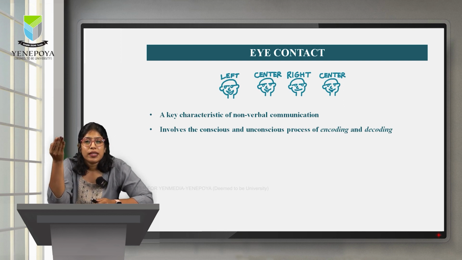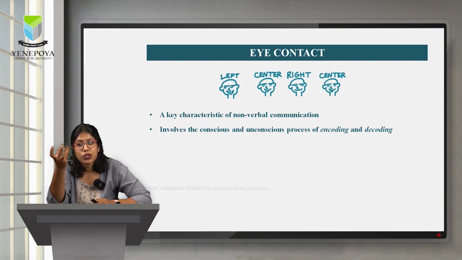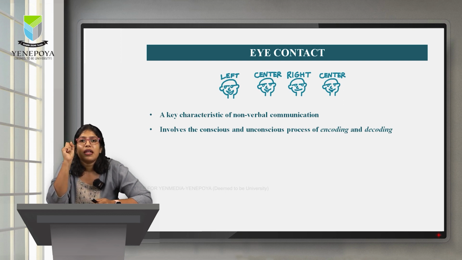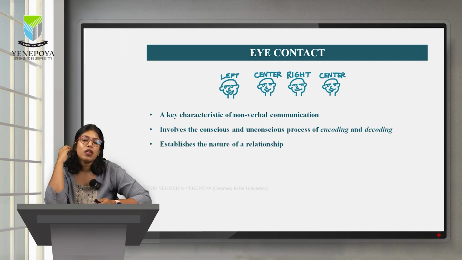So when you have eye contact, you'll be able to remember that person, the way they spoke to you, the way they met you, and everything about that person as you're decoding, because you remember the eye contact, right? So maintaining eye contact helps you in processing information both consciously and unconsciously.